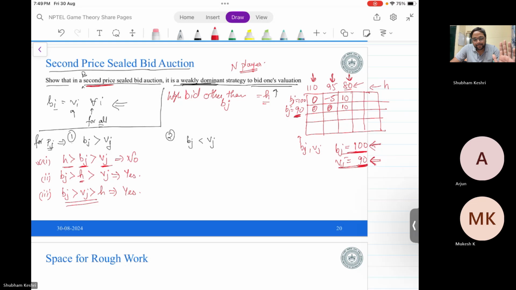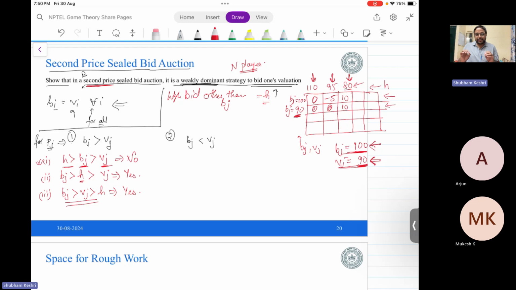Now you see the utility for these two conditions. See it very clearly. When he is bidding exactly his valuation, his utility is either the same or more than what he is getting when he is bidding more than his valuation. Is this correct?